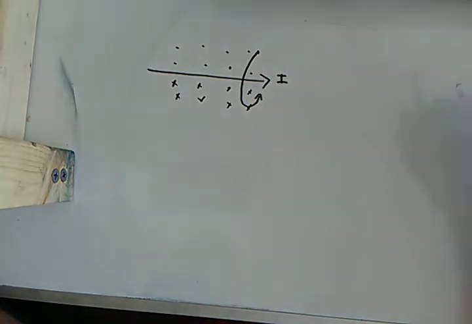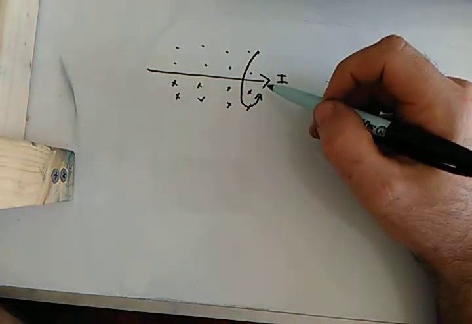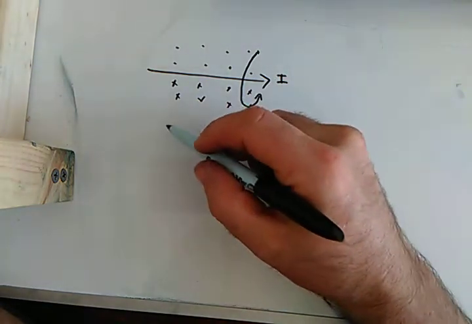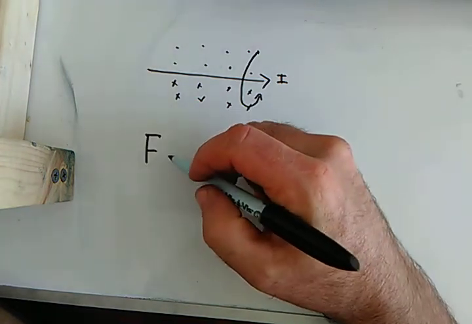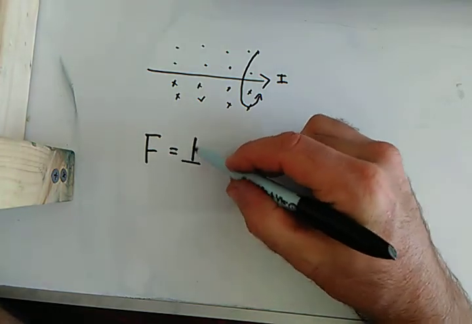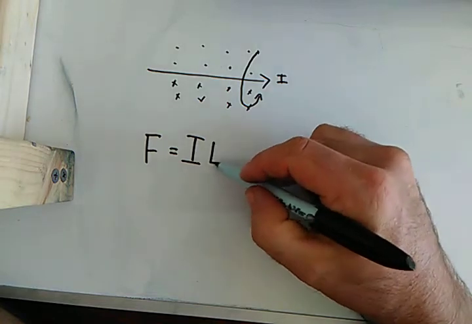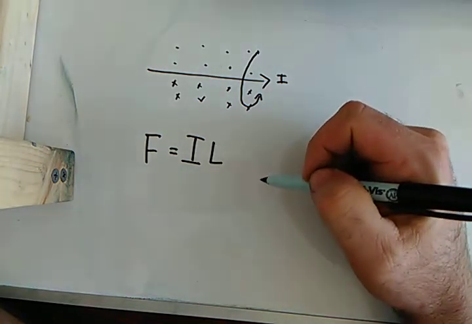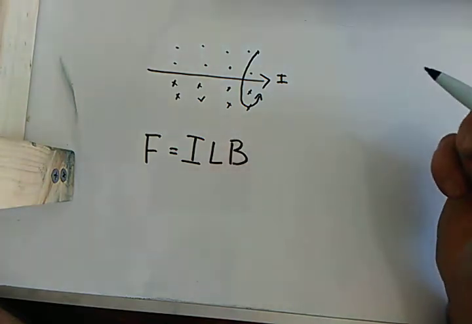So we want to know the force on a wire. Let's look at the formula. The force felt from a wire is equivalent to the electric current times the length of the wire times the magnetic field.